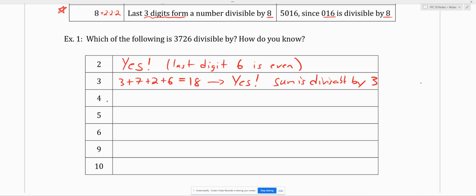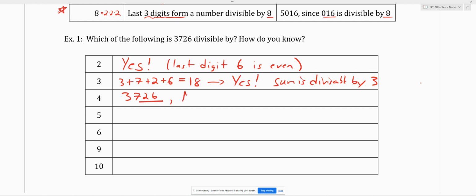So 4, we're going to use that law up above. We're just going to look at our last 2 digits. So we have 3,726, and we're going to zoom in on 26. 26 is not divisible by 4 because 4 times 6 is 24. 4 times 7, excuse me, is 28. So this does not work.